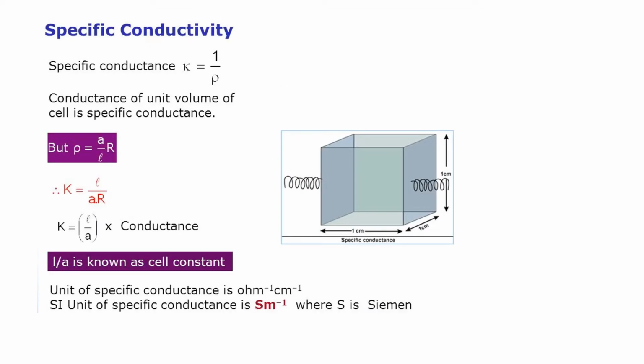We have already mentioned that the specific conductance is equal to 1 by rho, the specific resistivity. So specific conductance is equal to conductance into L by A, where L by A is known as the cell constant, and the unit of specific conductance is ohm inverse centimeter inverse.